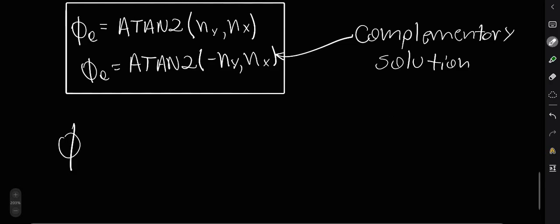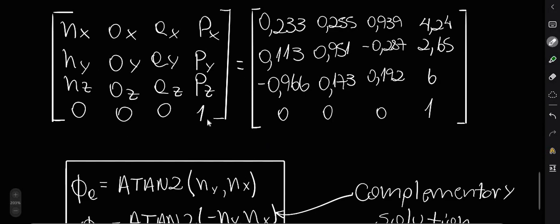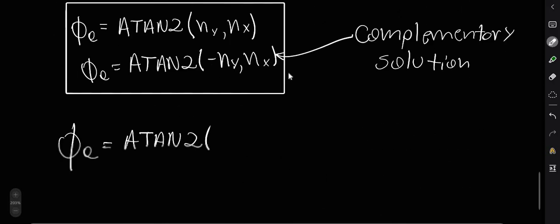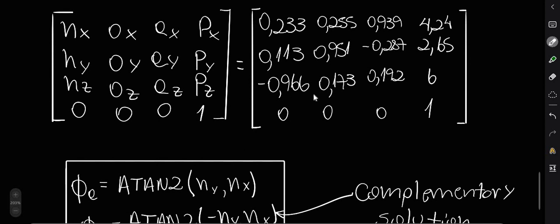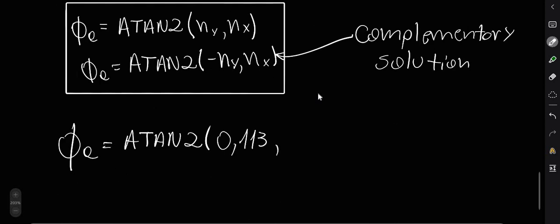So phi A angle is equal to atan of ny equal 0.113 and nx 0.233.